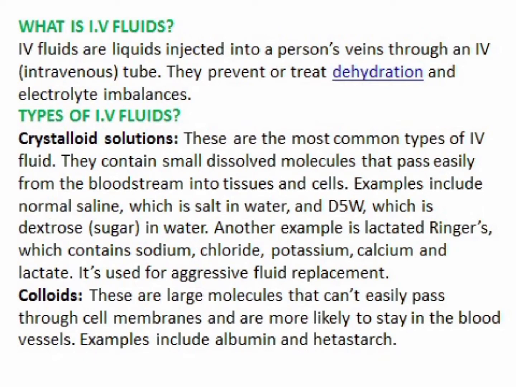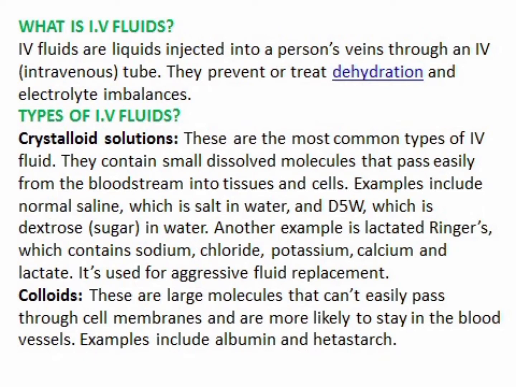Another example is lactated Ringer's, which contains sodium, chloride, potassium, calcium, and lactate. It's used for aggressive fluid replacement. So in crystalloids we see sodium, dextrose and Ringer lactate, all electrolytes. These are the fluids that come under crystalloid solution.